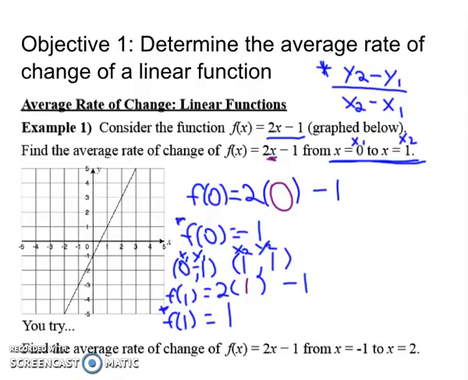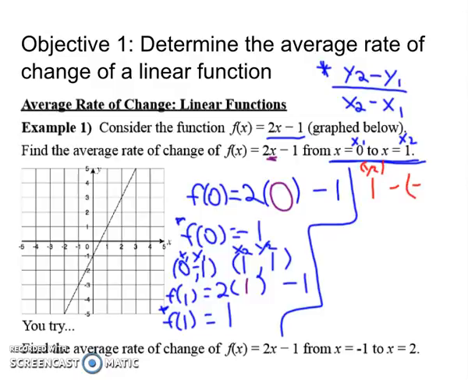And so now I can actually do that math to figure out, I'm not done, that's the only step, is to get to here, to figure out the actual average rate of change. So I'm going to take my y2, put it in place for y2, which is going to be 1 in this case, and I'll just make note that that was y2. And then I'm going to take 1 minus the y1, which in this case y1 is a negative 1.